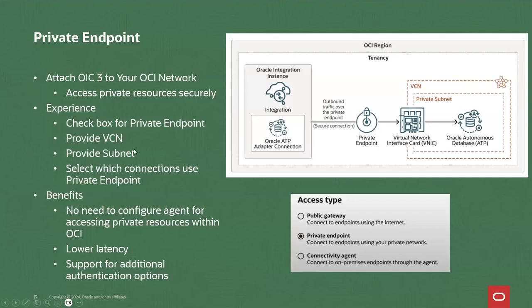And some of the benefits of Oracle Integration OCI private endpoint: it's a secure and private access to a single OCI service, and keeps all the traffic off the public internet.